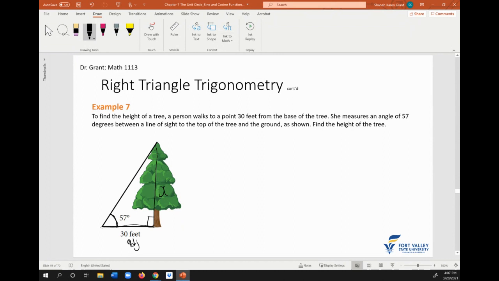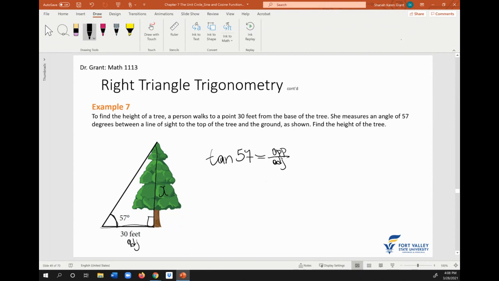So what do I need to do? I need to figure out which trigonometric ratio involves adjacent, and this x, the height of the tree, is opposite, and that's going to be tan. So tan of 57 is going to be opposite over adjacent.